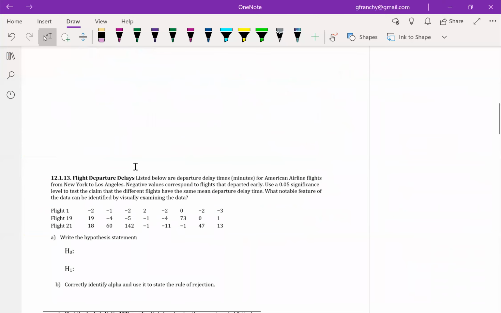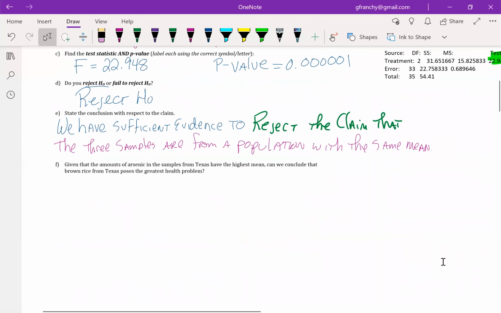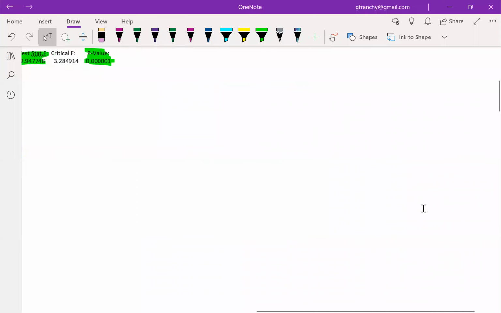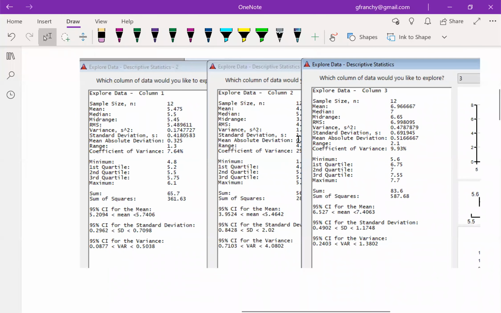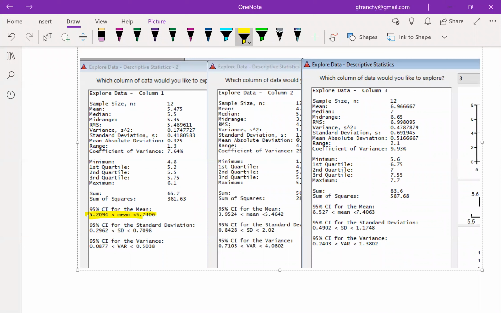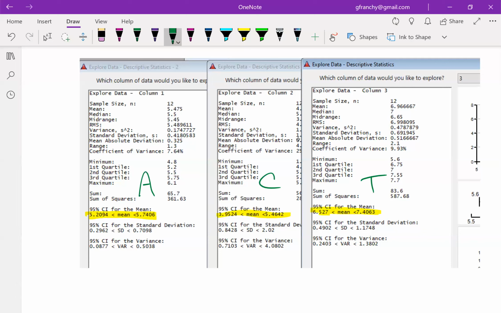Okay. So I'm going to go off to the side here to bring this back. So there are our confidence intervals, and that's Arkansas, that's California, that's Texas.